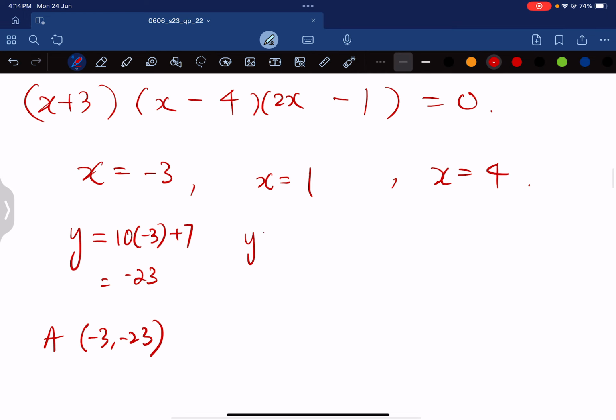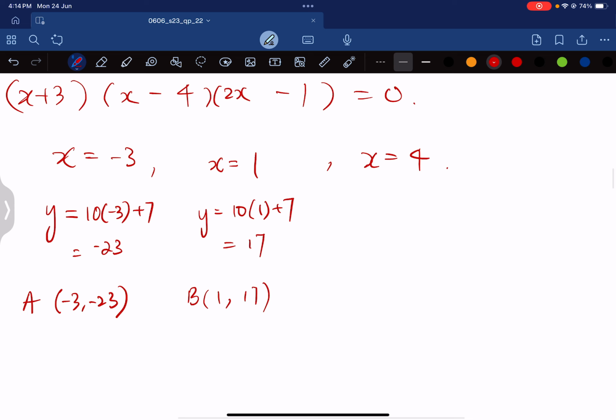It's not very hard, but it's a bit troublesome, you write a lot of things. B would be 1, and this one 10 times 4 plus 7, so it's 47. So C would be 4, 47.